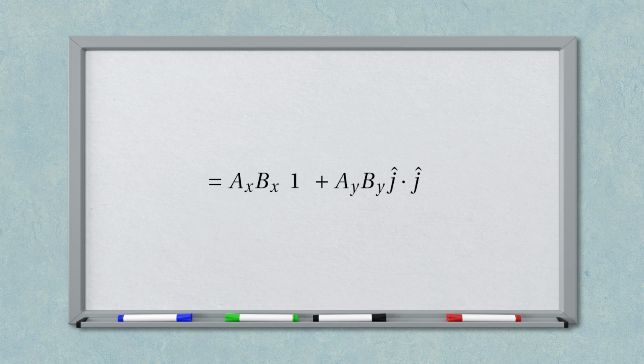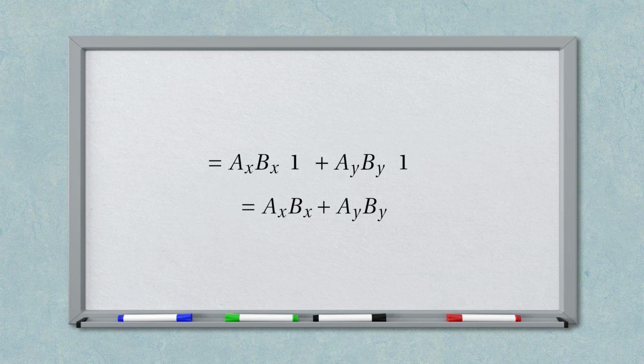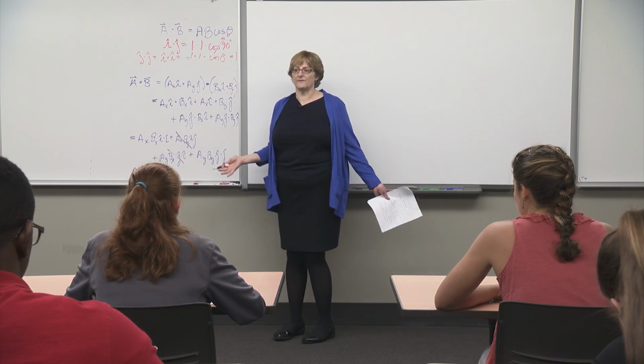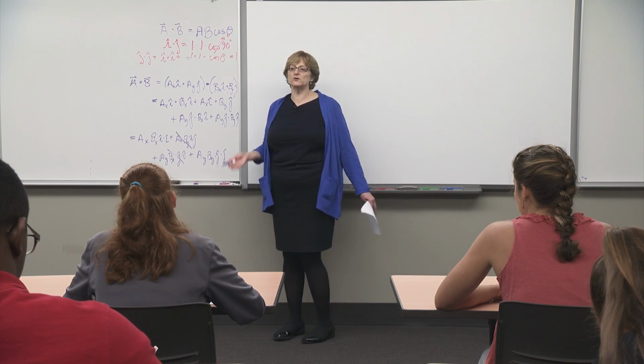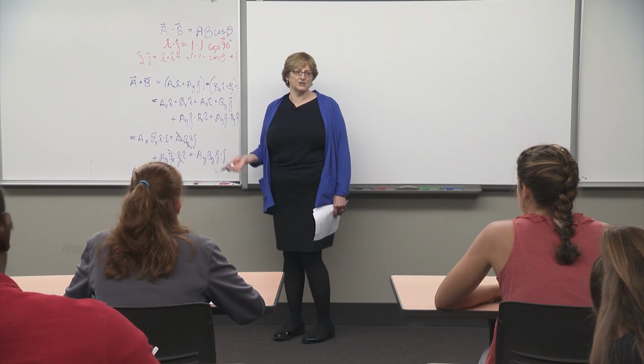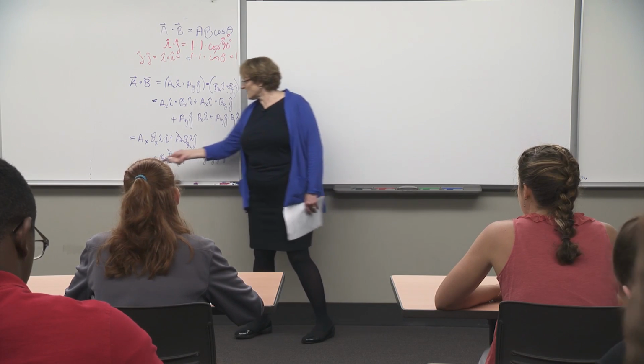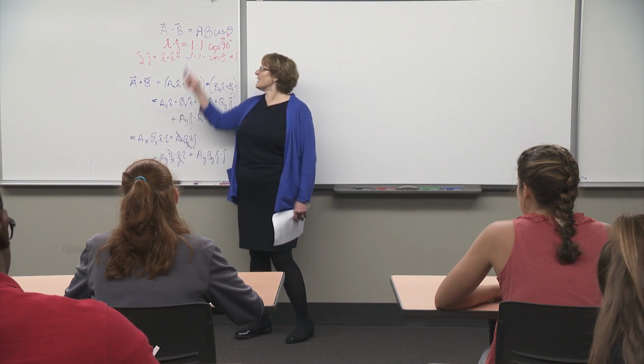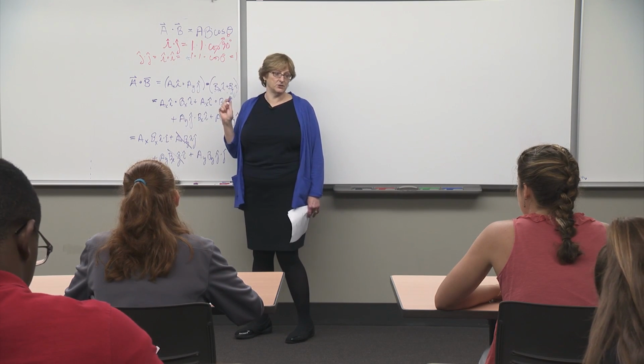And this is just AY BY times J dot J, which is 1 also. So the net dot product is AX BX plus AY BY. These are 2 numbers multiplied, another 2 numbers multiplied, and you have the magnitude of the dot product. So if you start with a vector that is in IJ notation, you can very easily determine the dot product without ever knowing the angle between the 2 vectors.